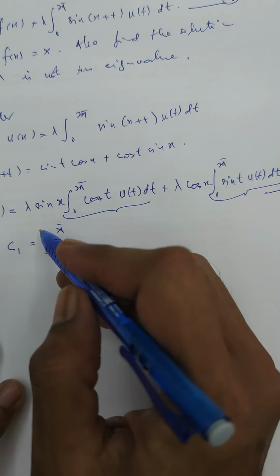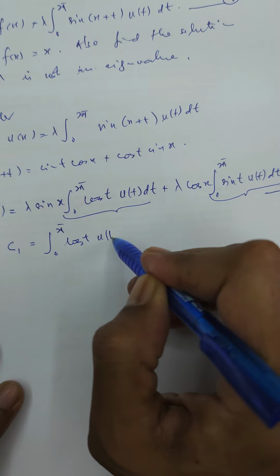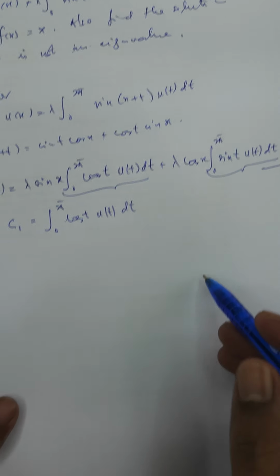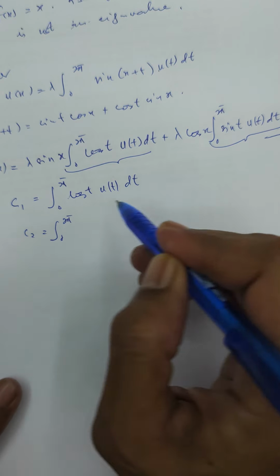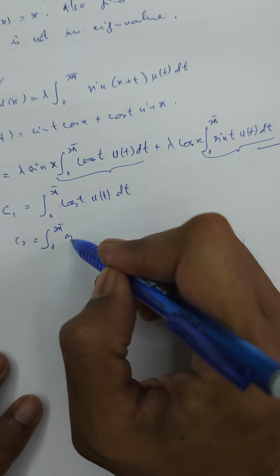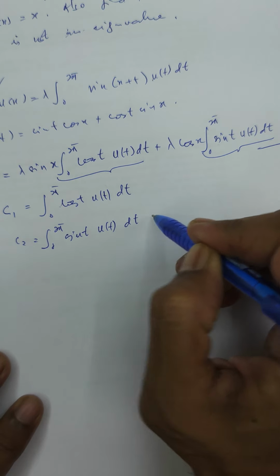So C2 is equal to the integral from 0 to 2 pi of sin t u(t) dt.